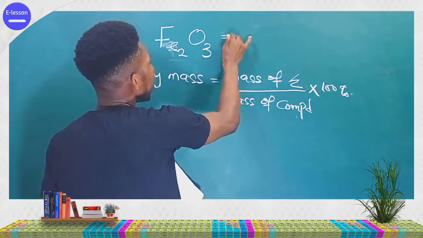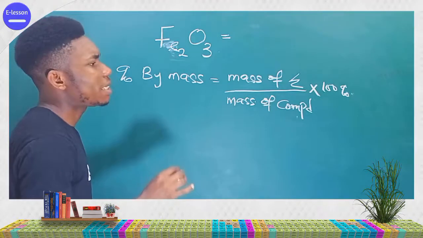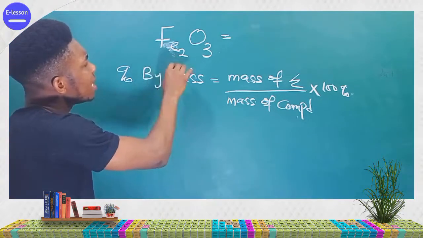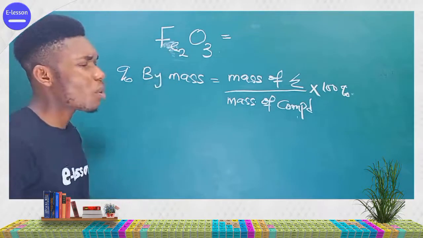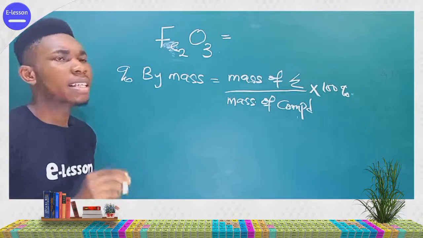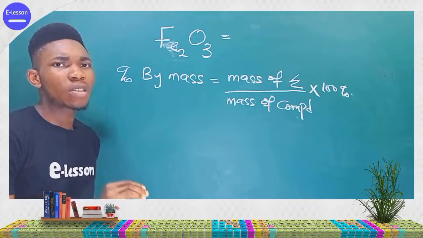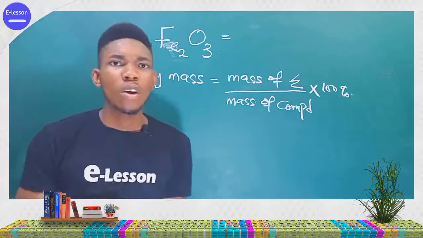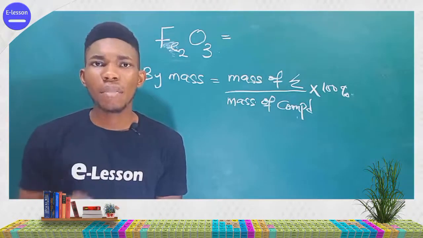The molecular mass is the addition of all the relative atomic masses of the elements that are present in the compound. So in this case, what you do is to add all the relative atomic masses.